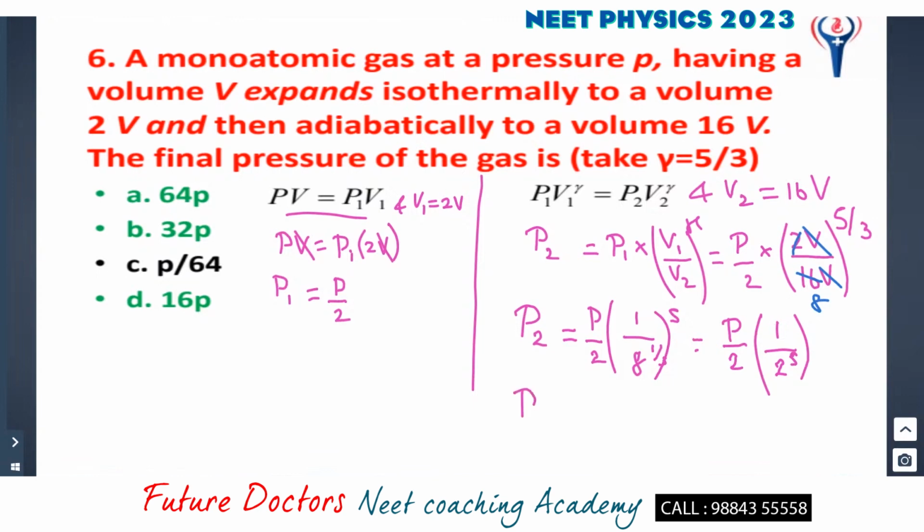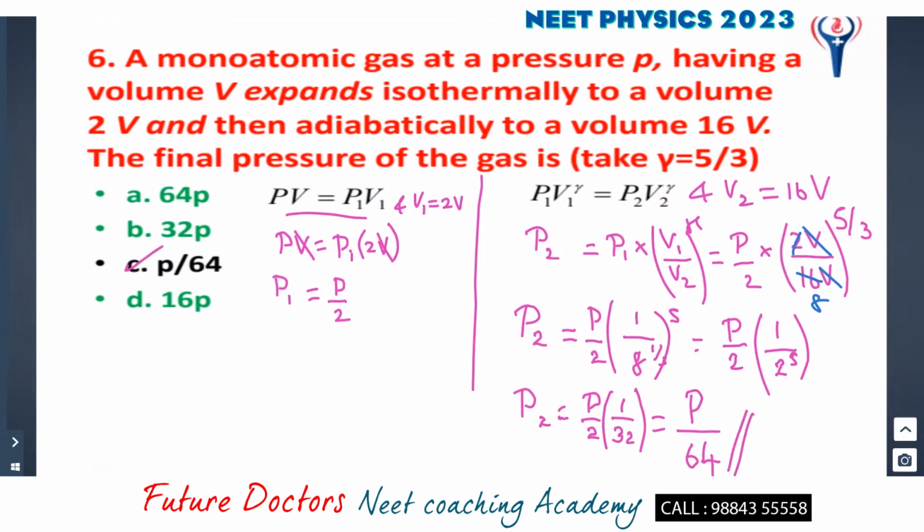Therefore, P2 equals P by 2 into 1 by 32, which is P by 64. Option C is the correct answer.